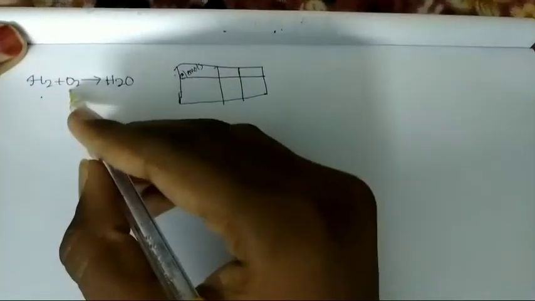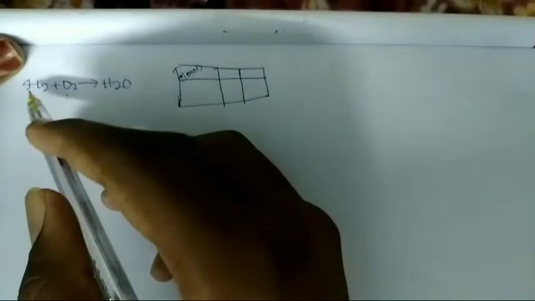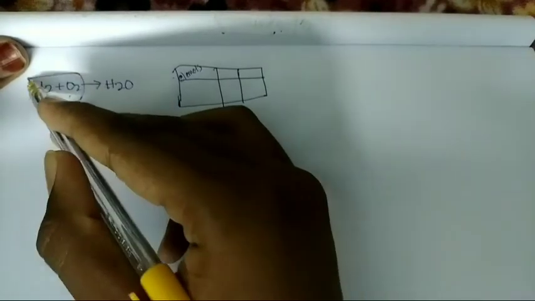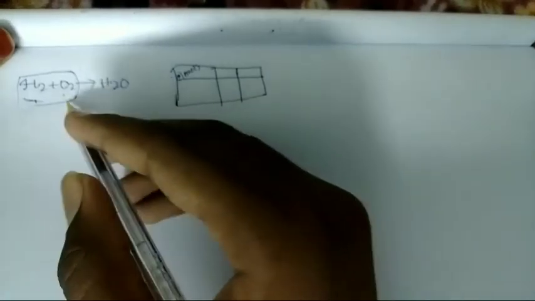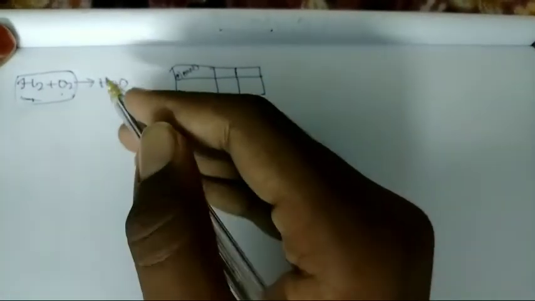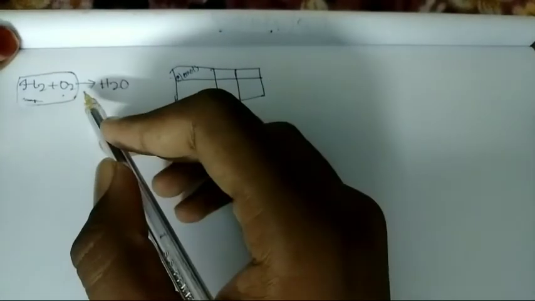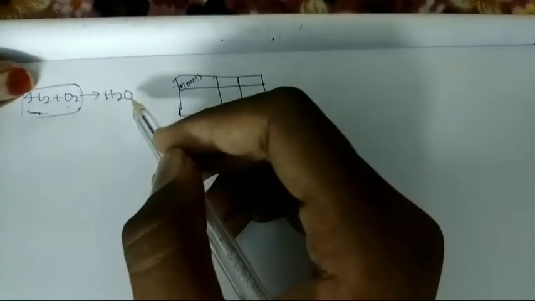These two are left hand side, means reactants. I think you all know these two are reactants, and by the chemical reaction between them we got something new that is written on the right side after the arrow mark. We call that arrow mark as gives rise to. H2 plus O2 gives rise to H2O.